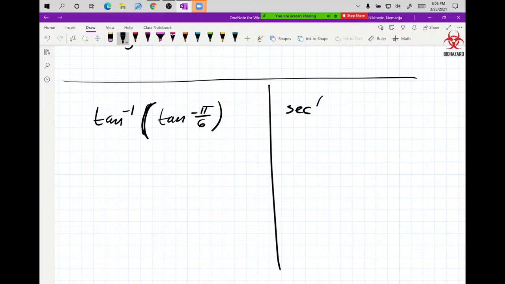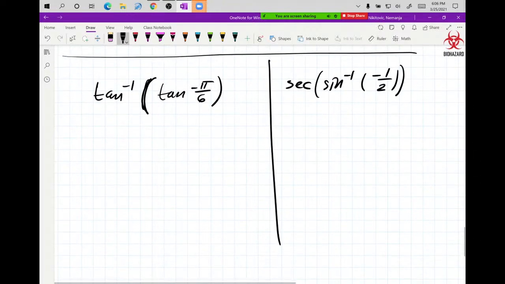Secant of sine inverse of negative 1 over 2. Okay, let's see. All right, so these are the 2 problems. Try both of these. I'll give you some time, and then I'll come back, and we'll go from there.